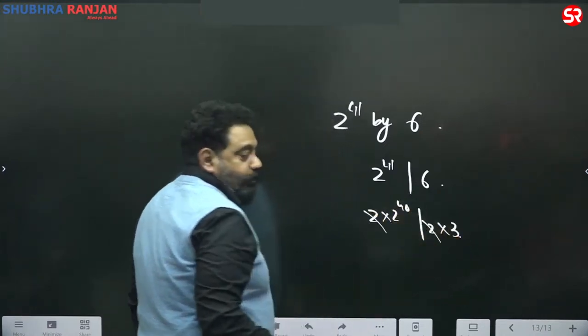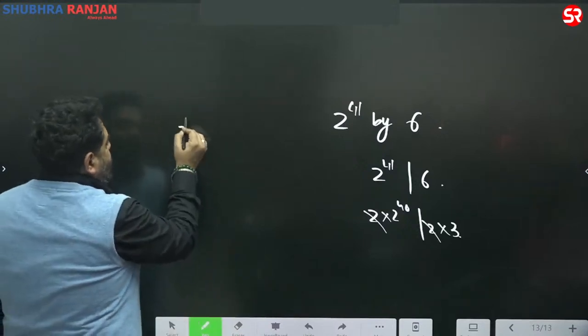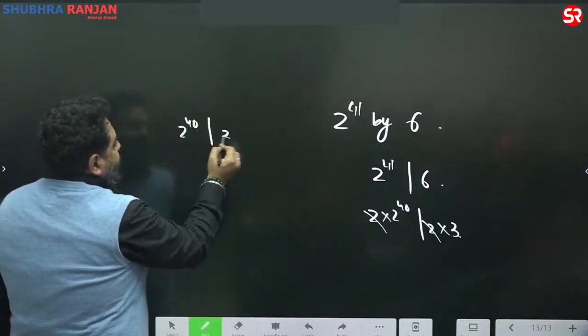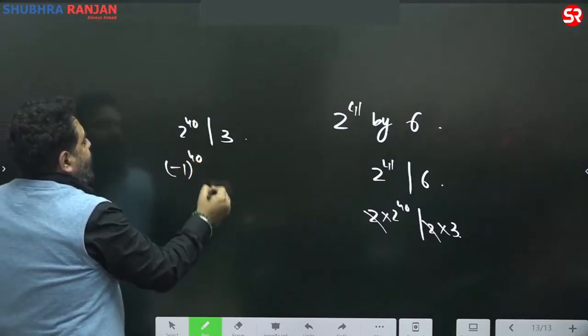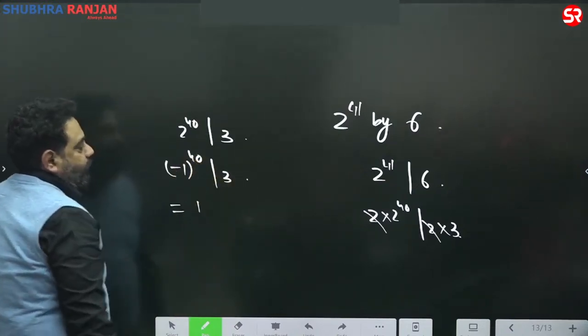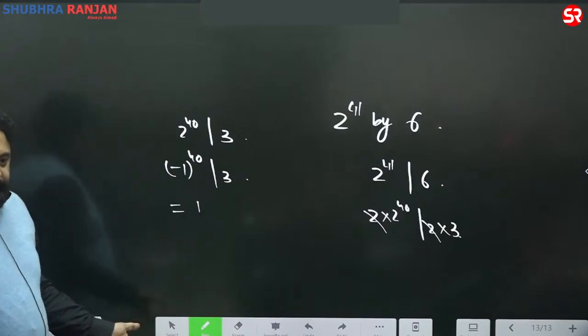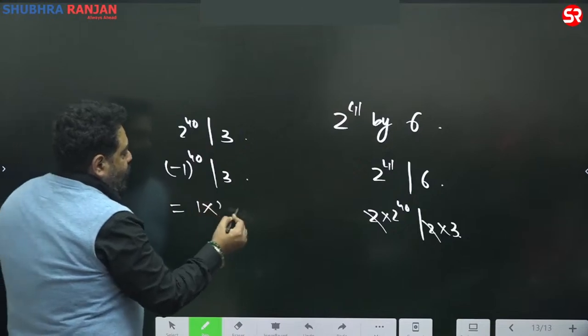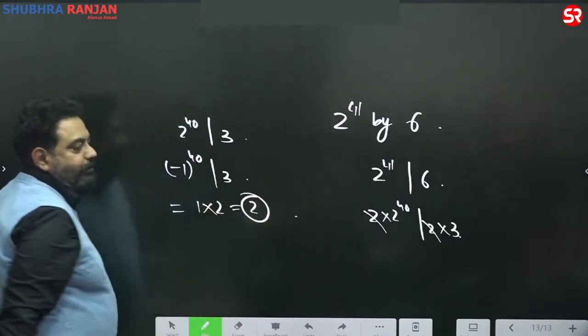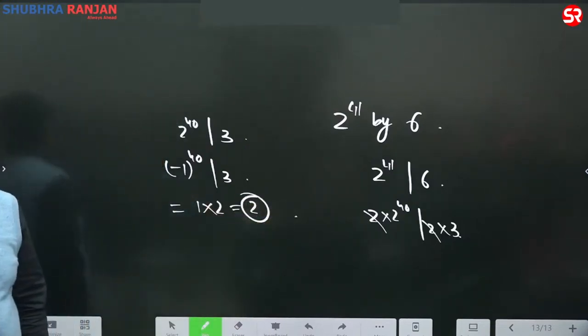Cancel 2 up and down. So your question changes to 2 to the power 40 is divided by 3, which is minus 1 to the power 40 divided by 3, which is equal to 1. Negative remainder came. And what did you cancel up and down? 2. 1 into 2 is 2. Answer. Bring it back.